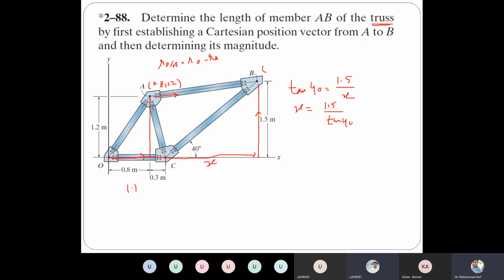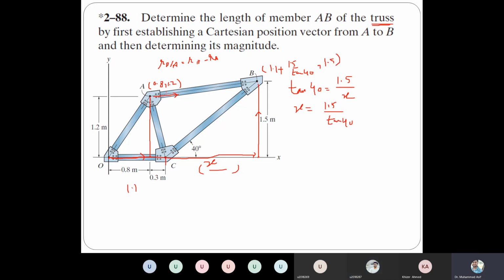So now we can know the position of point B as well. In the X direction we have 1.1 plus 1.5 divided by tan 40, comma, and in the Y direction 1.5. So this is the position of B.